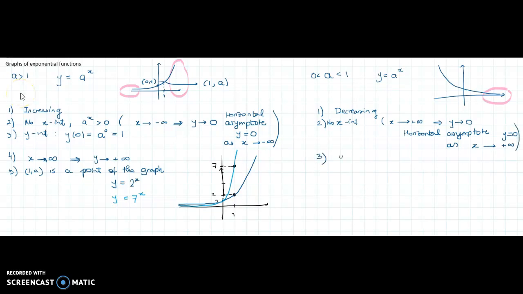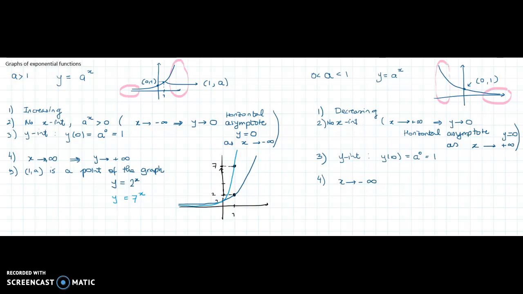For the y-intercept, again, we need to find the value of the function at 0. It is a to the 0, so it's 1. So again, the y-intercept is over here, the point (0, 1). Now we already know what happens when x is huge. Now what about when x is very small? What happens to the function when x is approaching negative infinity? So we are looking at what's happening over here.